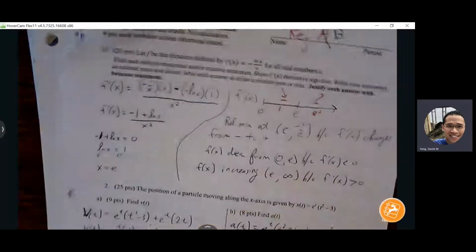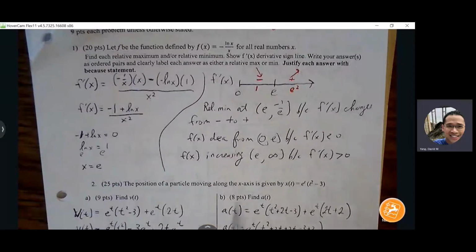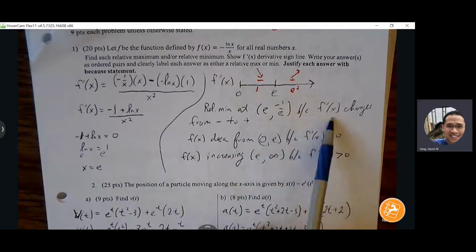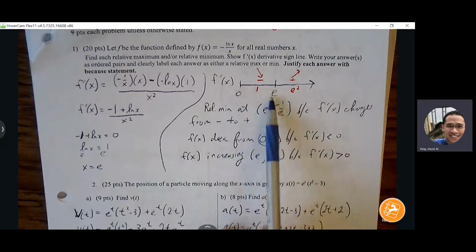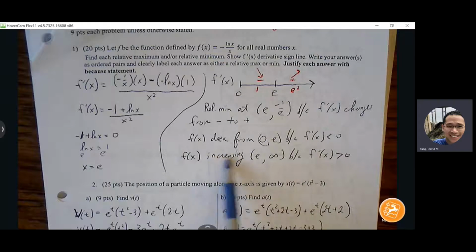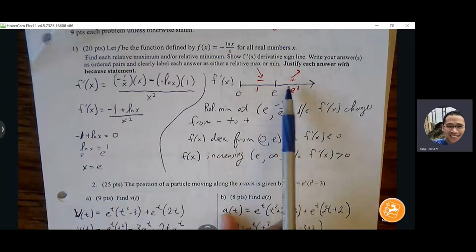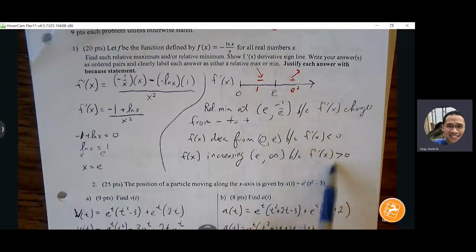Okay, so relative minimum, because f prime changes from negative to positive. Decreasing from 0 to e because f prime is less than 0. F of x is increasing from e to infinity because f prime is greater than 0.